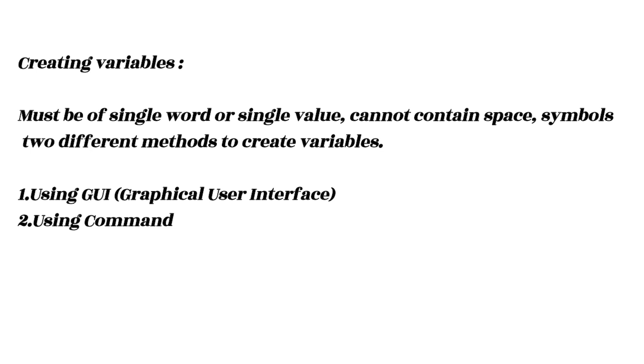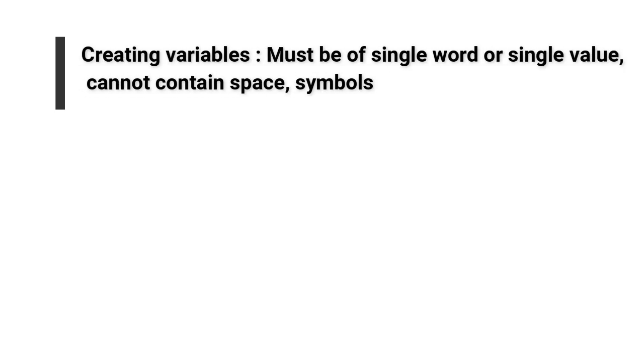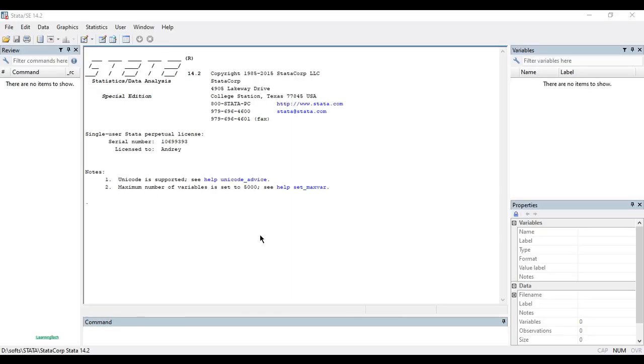Before creating variables we must keep in mind that the variable names we create must be a single word, which cannot contain any spaces, symbols, etc. The first one, using the GUI, is one of the easiest, but it takes a few steps. Let me give you an example of creating variables by using the GUI.